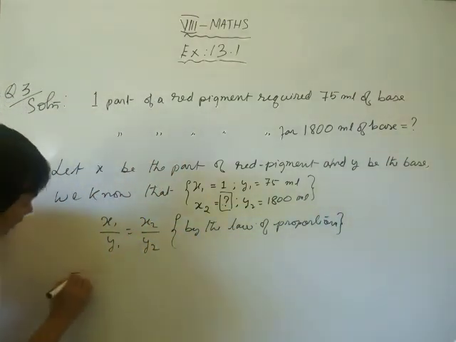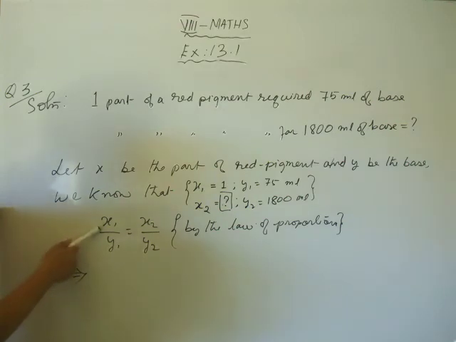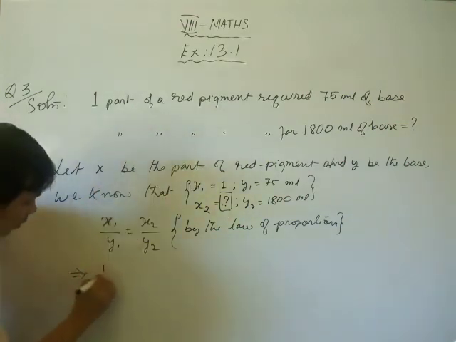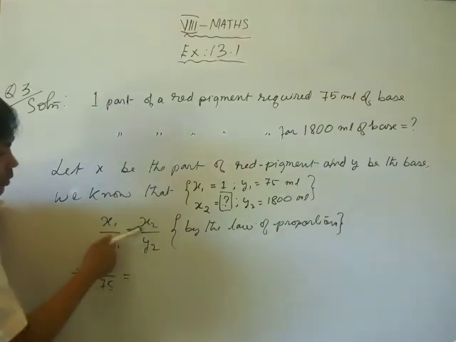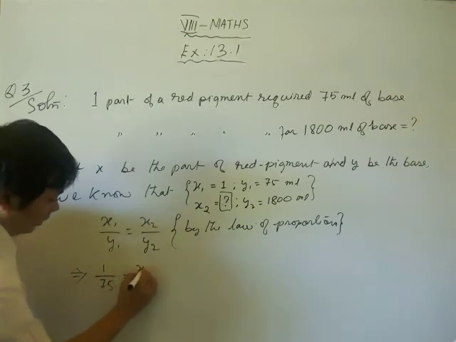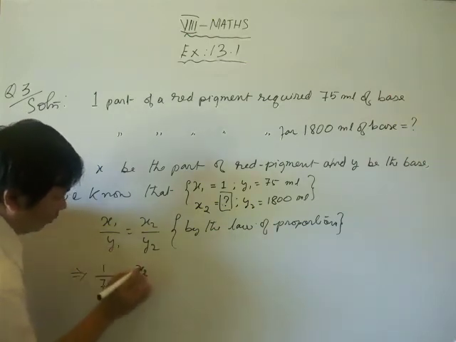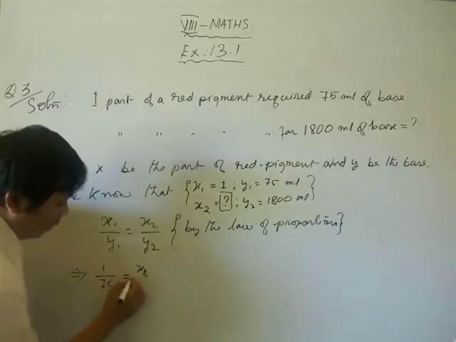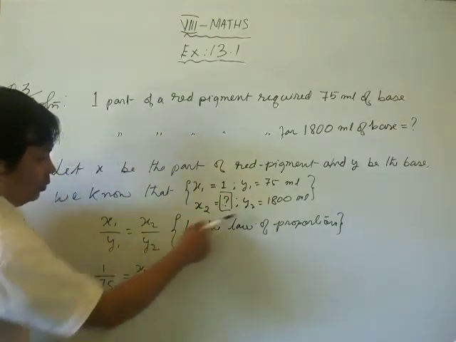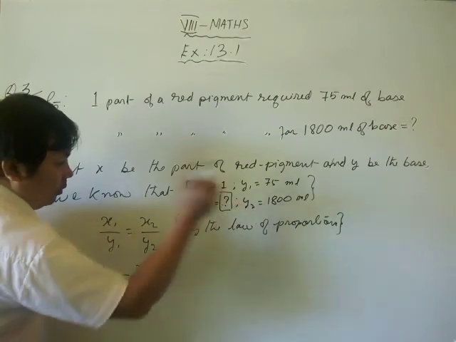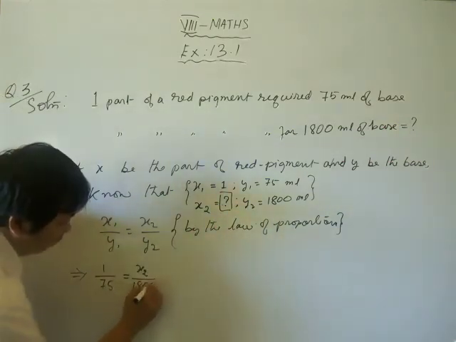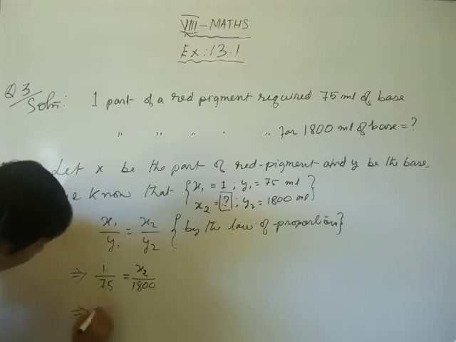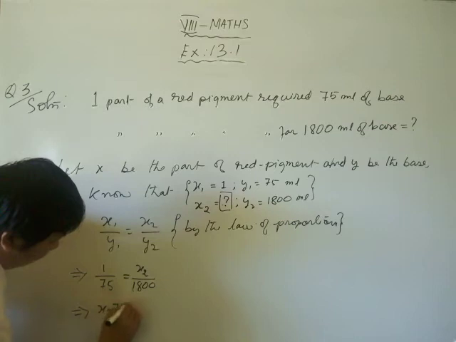So this implies, very simple, x1 is 1, y1 is 75, equal to x2 by y2, x2 not y2, x2. Now y2, how much? y2 is 1800, isn't it? It implies that x2 into 75 equals 1 into 1800.